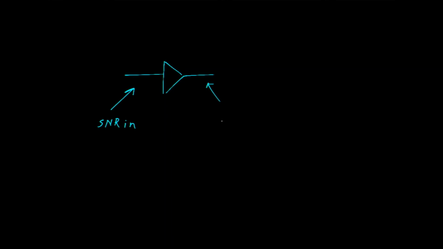That signal could be described as the SNR out. Likewise, this amplifier might have a power in and a power out. If the amplifier is working, we know that the output power will be greater than the input power.